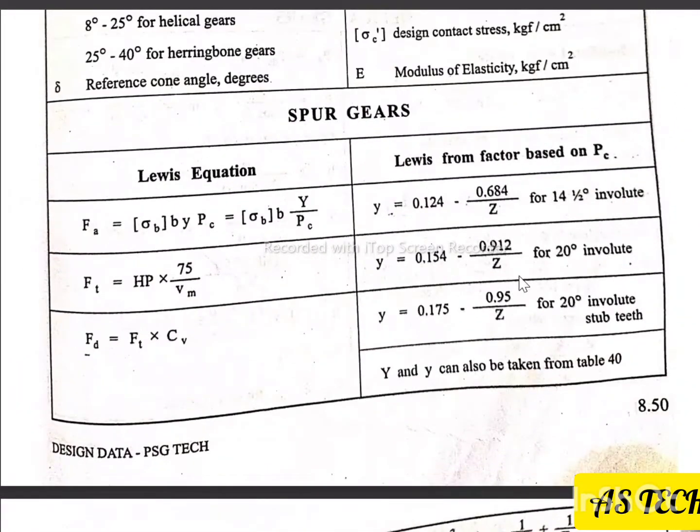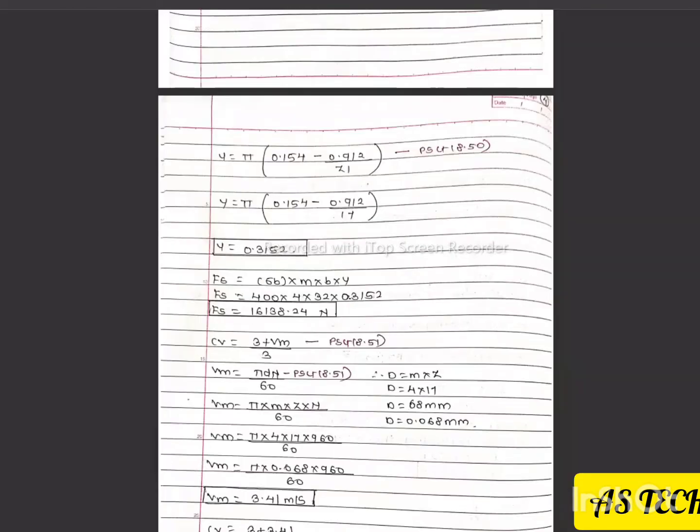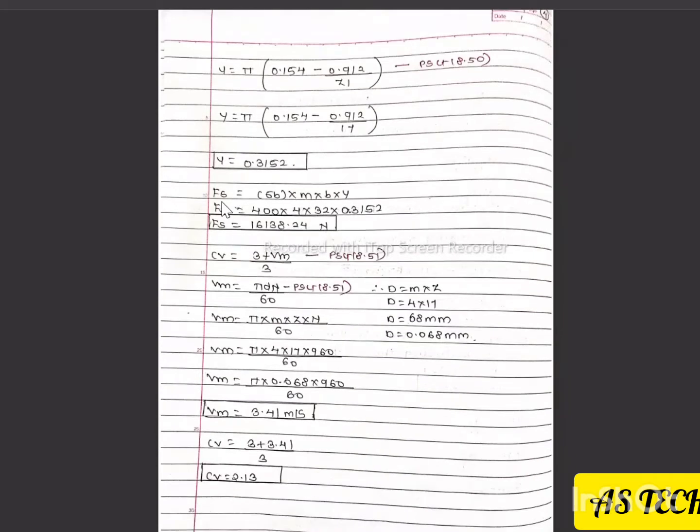As we use involute tooth profile, this formula is given. Rewrite this formula, put the value of z1, that is 17, we get the value of y. Next one is Fs. So for Fs, sigma b into m into b into y. Put the value of sigma b, module is 4, b is 32, y is 0.3152, we get the value of Fs.